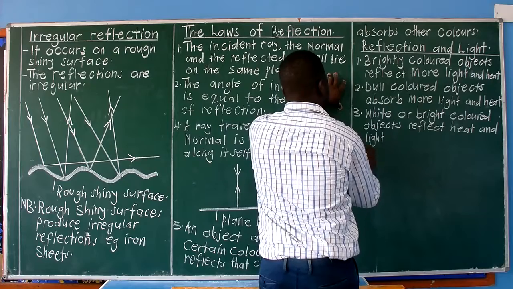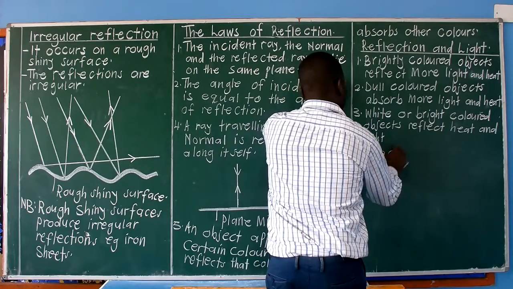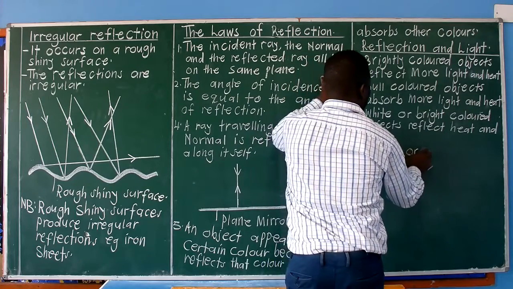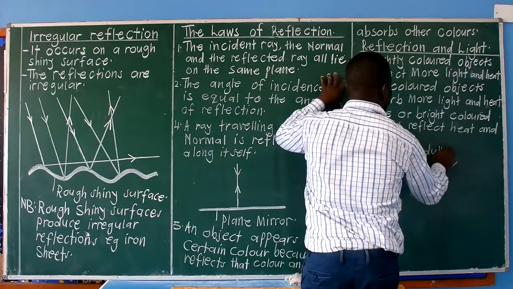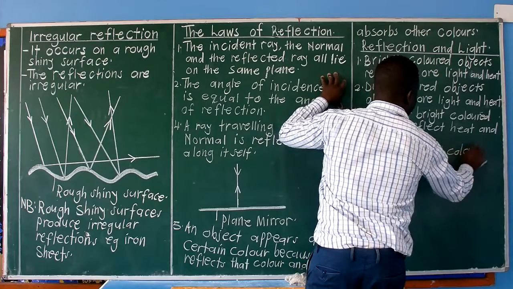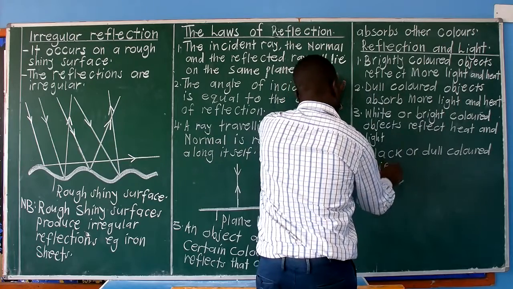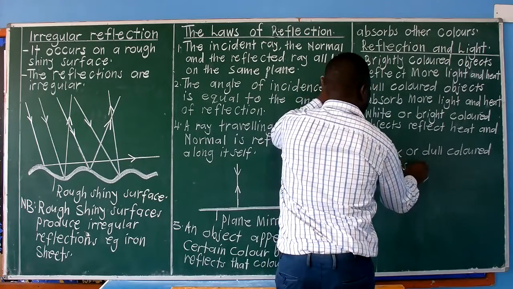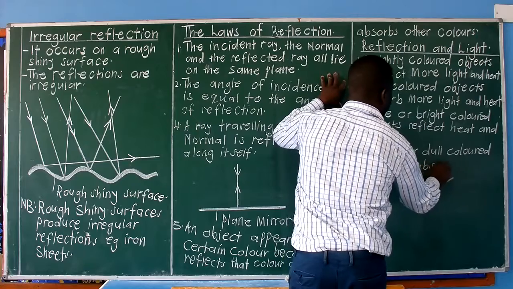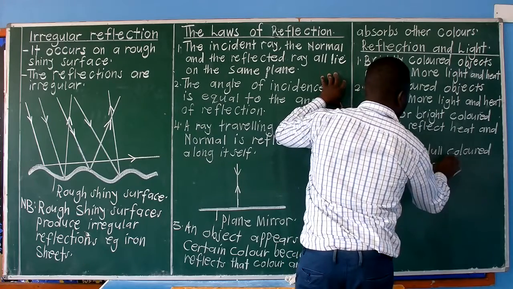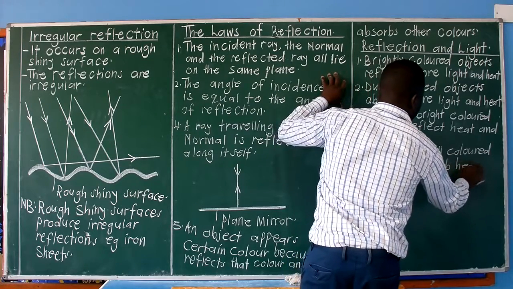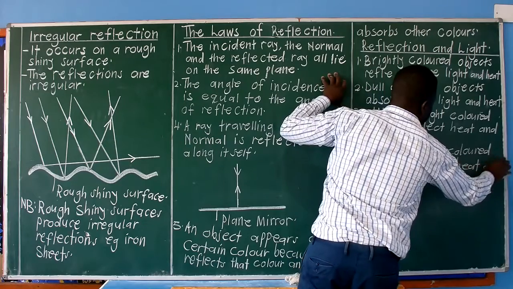Then here, black or dull colored objects absorb heat and light.